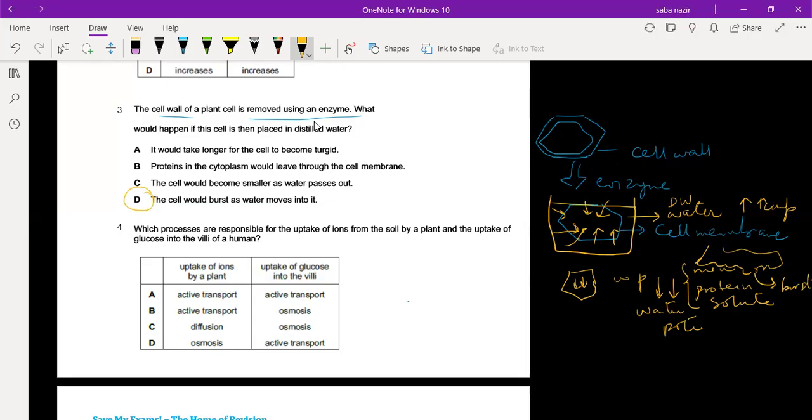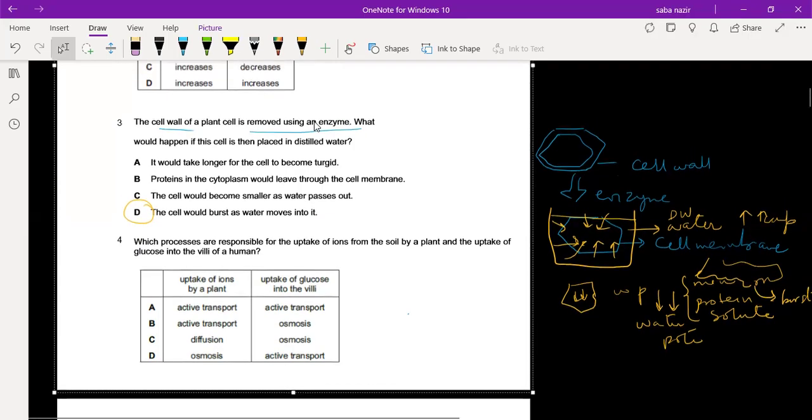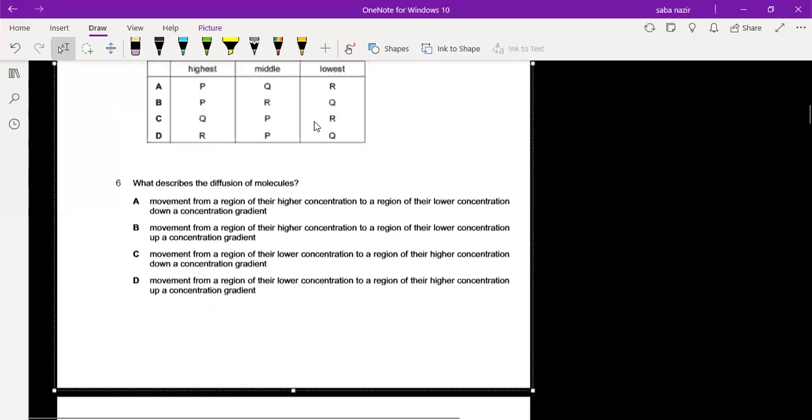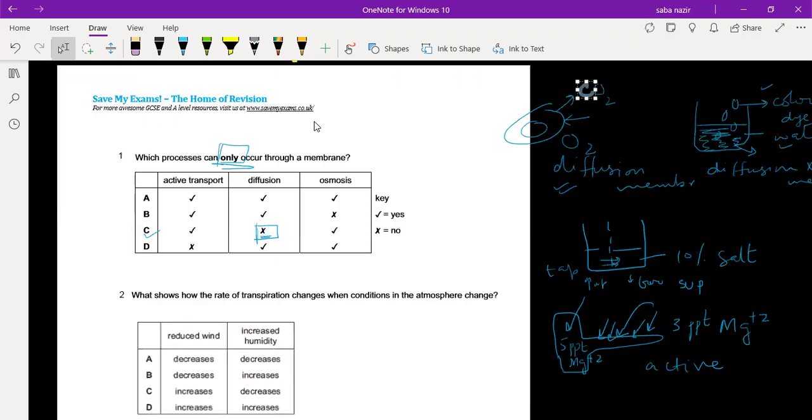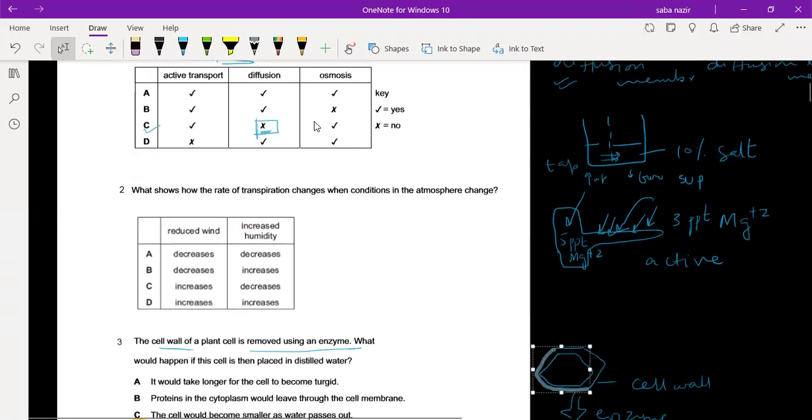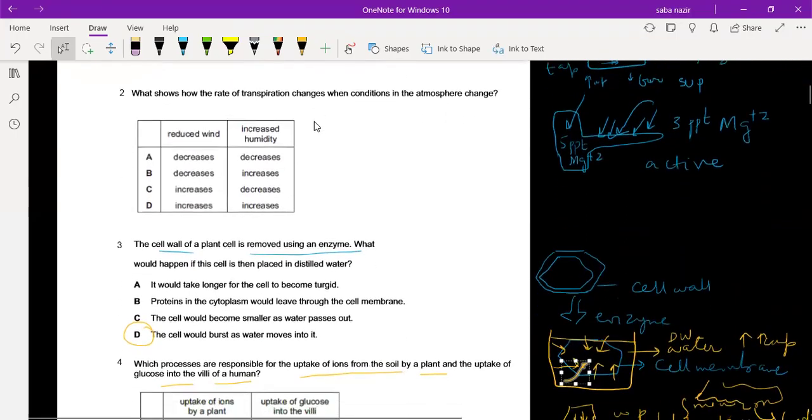Now the next one. They're asking which process is actually responsible for uptake of ions from the root hair cell, uptake of ions by the plant and uptake of glucose in the villi. Here we need to consider some situations. We need to be very clear on this.